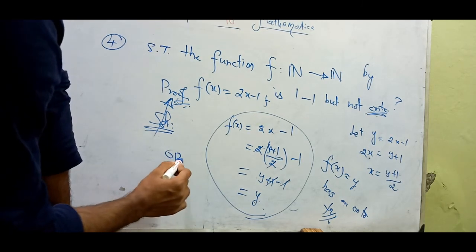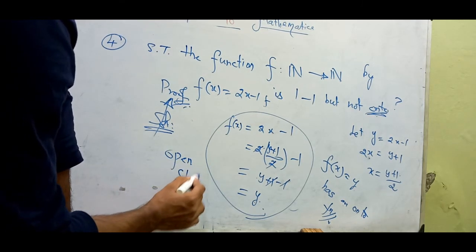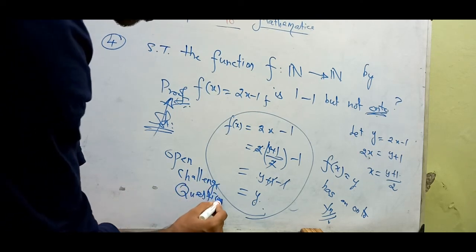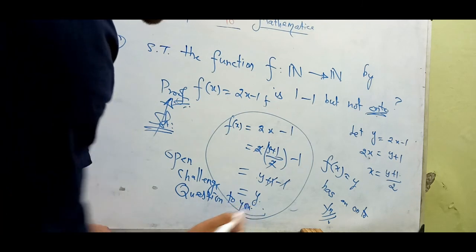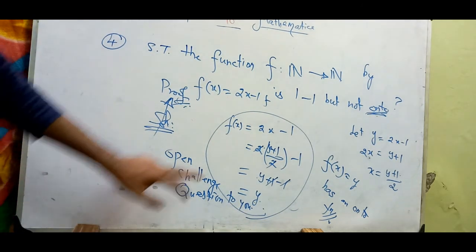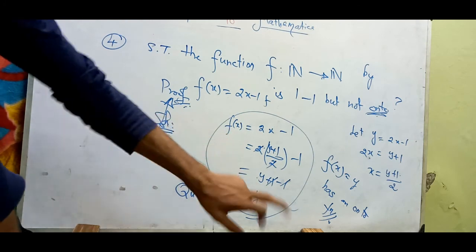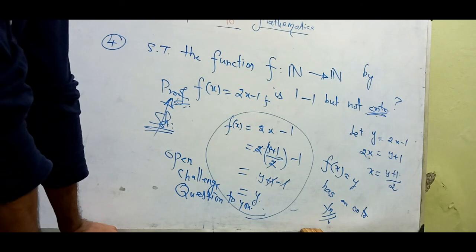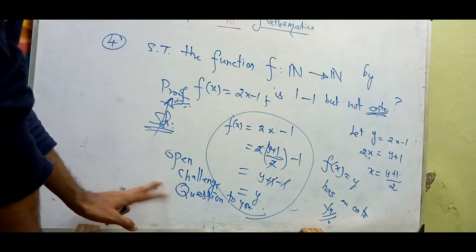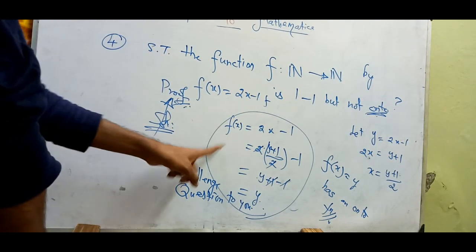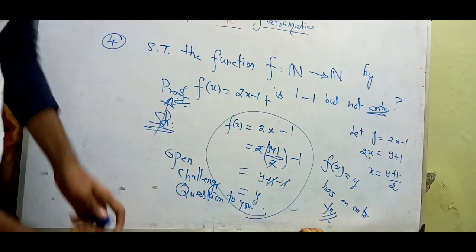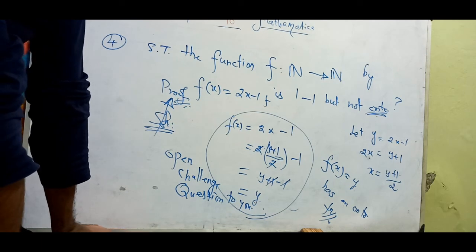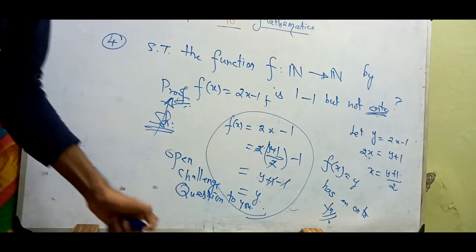This is an open question, an open challenge question to you, that you have to say why in the mathematical way it shows f of x equal to y is onto, but in the general manner it is not onto, okay. This is a challenge question for you. You have to say the answer for this one. I will ask you in my next session, or leave your comment in the comment box. You have to answer me for sure, okay.